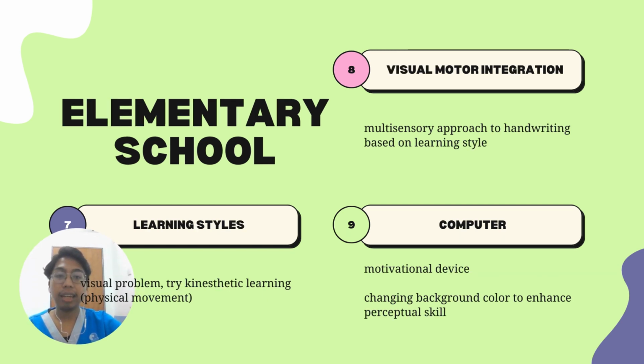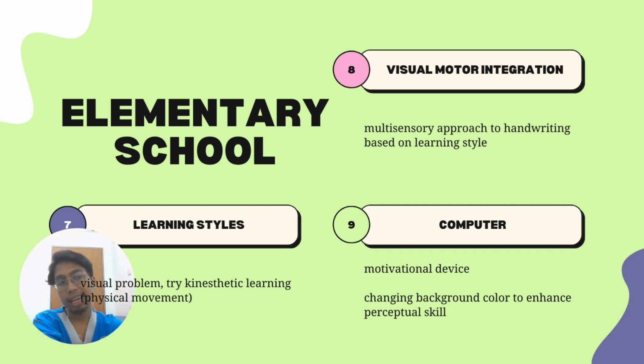And then next is learning style. This is an interesting thing. Learning style. We have so many learning styles. Not really so many. It's just three, which is visual, auditory, and kinesthetic. If you know your child's learning style, it's easier for them to improve their visual perception.